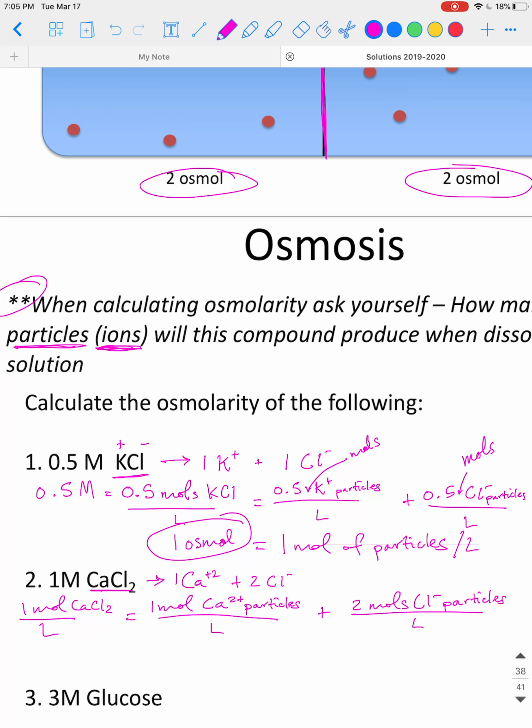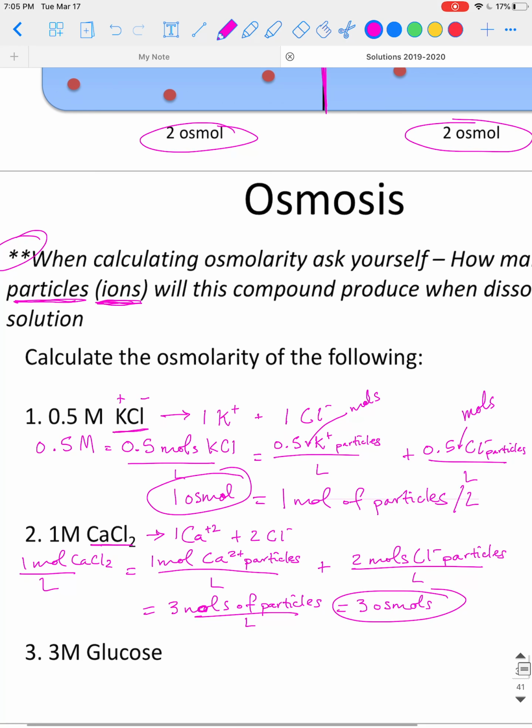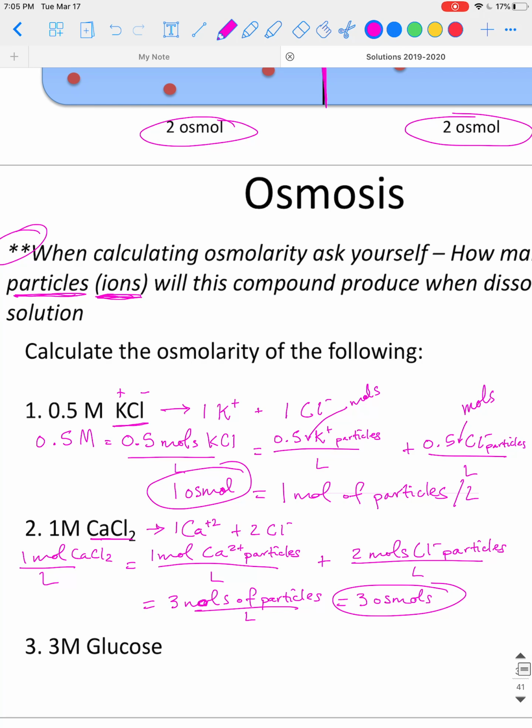So we just add those up. 1 mole of calcium particles, 2 moles of chloride particles, total equals 3 moles of particles per liter, which equals 3 osmoles. Okay? So that was our answer there.